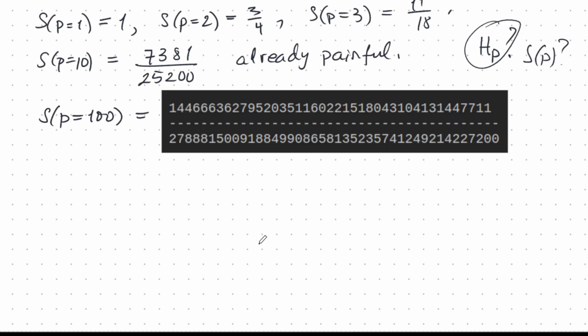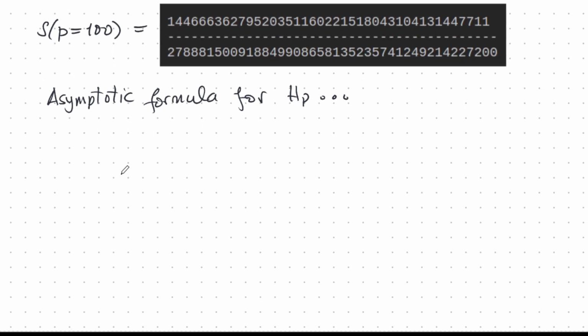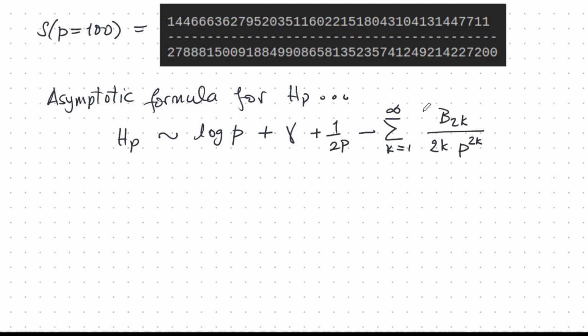I looked around, and here's the best I could do. It's an asymptotic formula for HP. Let's see what it looks like. HP is log P plus gamma, the Euler-Mascheroni constant, plus 1 over 2P, minus all this stuff involving Bernoulli numbers.